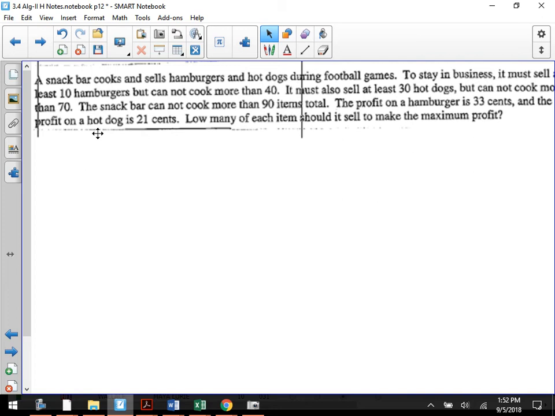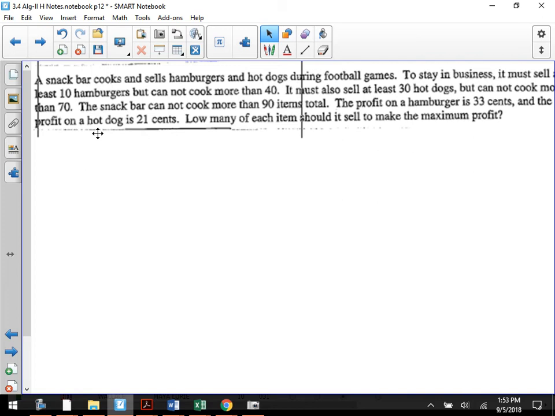It must also sell at least 30 hot dogs, but cannot cook more than 70. I've never said that these were practical, I'm just saying that they're word problems. The snack bar cannot cook more than 90 items total. The profit on a hamburger is 33 cents, and the profit on a hot dog is 21 cents.